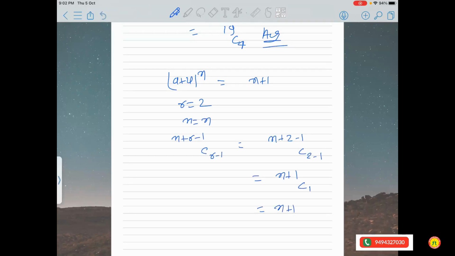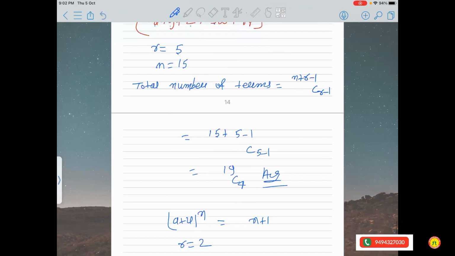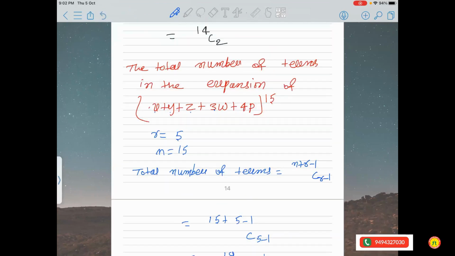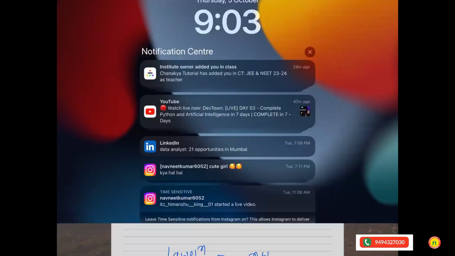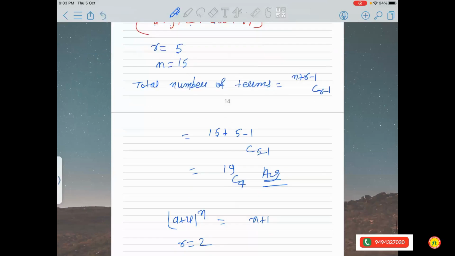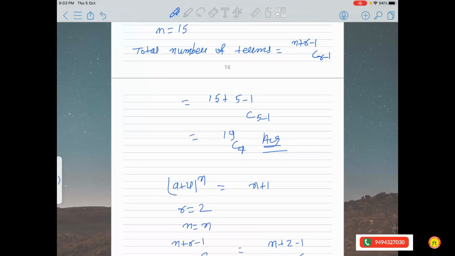So the total number of terms is n plus 1. I told you this in the second last class. So whether it is a plus x power n, or x plus y plus z power 15, or x plus y plus z plus 3w plus 4p, we need to remember n plus r minus 1 C r minus 1 is the total number of terms.